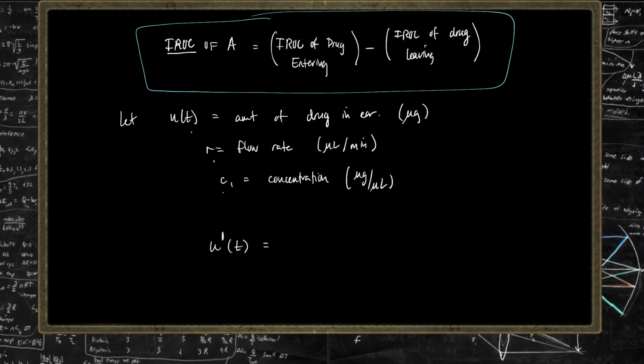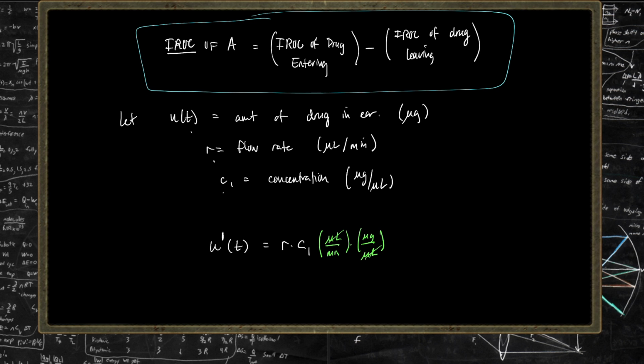Okay, so the way that we get around that is by using R, the flow rate, times C1. Think about what the units would be here. This is kind of the magic bullet to this problem: it's microliters per minute times micrograms per microliter. So you can see now we've got micrograms per minute, which is what we wanted.